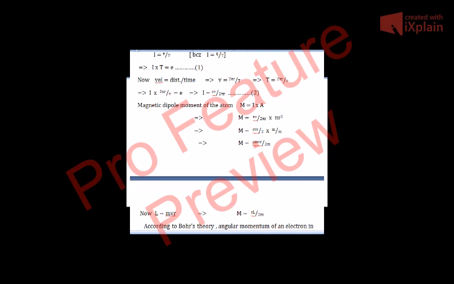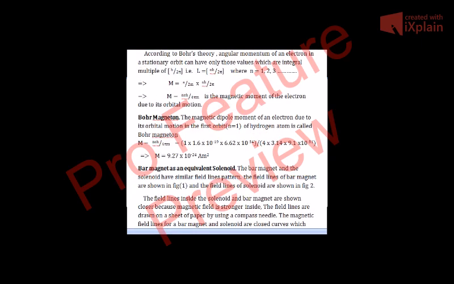Now according to Bohr's theory, the angular momentum of an electron in a stationary orbit can have only those values which are integral multiples of h by 2 pi. This is one of Bohr's postulates. According to the postulates of Bohr's theory, the angular momentum of an electron in a stationary orbit can have only those values which are integral multiples of h by 2 pi.